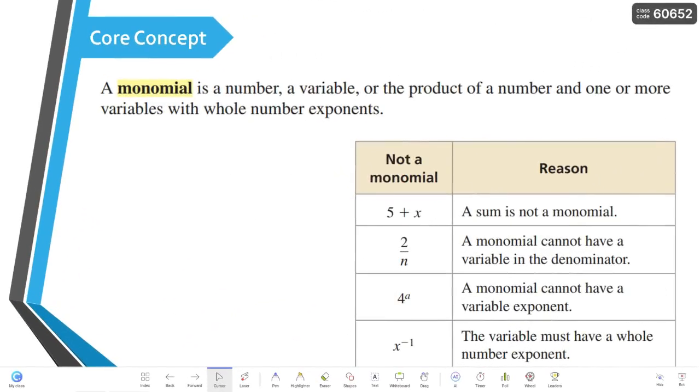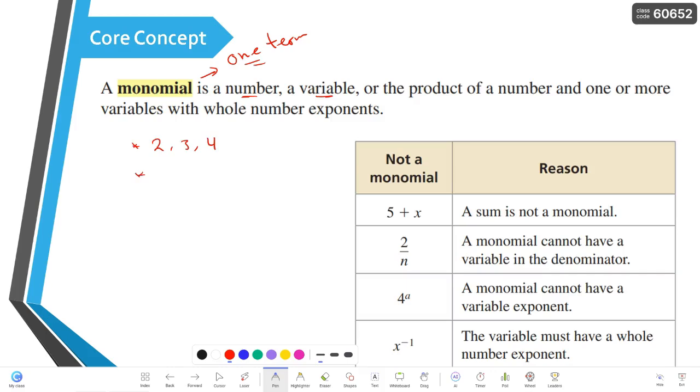First of all, we need to understand what a monomial is. In other words, we can simply express it in one word as one term. One term or one thing. This thing could be a number, a variable, a product of a number and a variable, a product of any two variables, or a product of a number and more than one variable. Your number could be a whole number like 2, 3, 4 and so on.